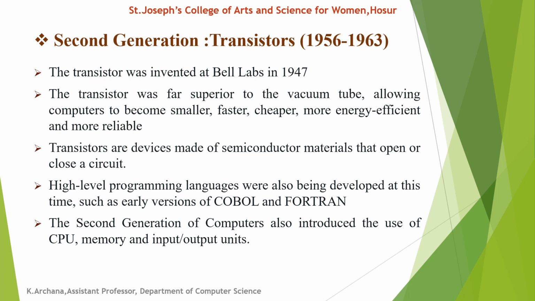Transistors are devices made of semiconductor materials that can open or close a circuit. High-level programming languages were also being developed at this time, such as early versions of COBOL and Fortran. The second generation of computers also introduced the use of CPU, memory, and input or output units.